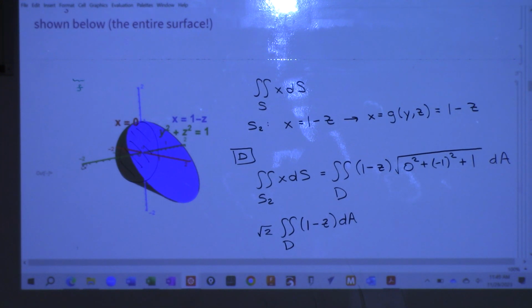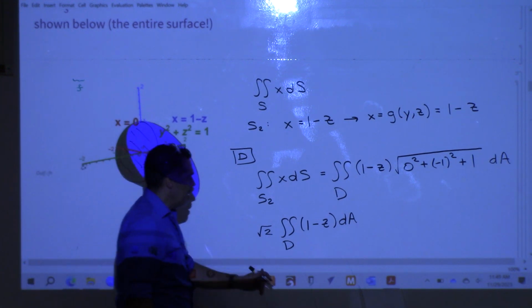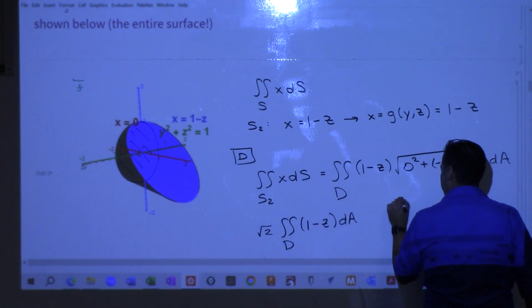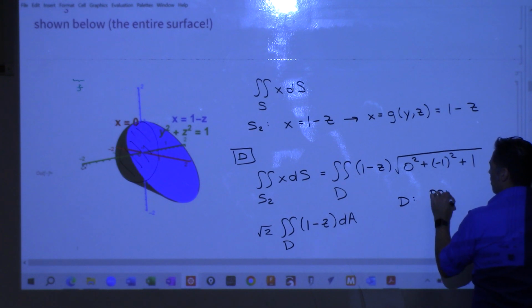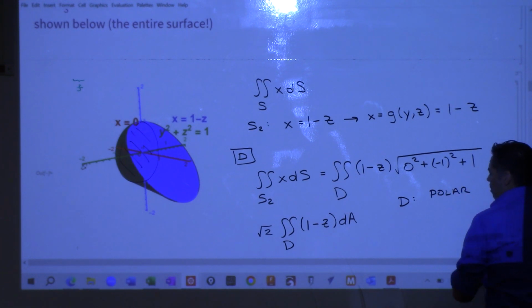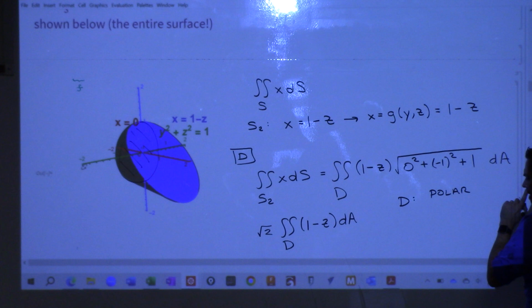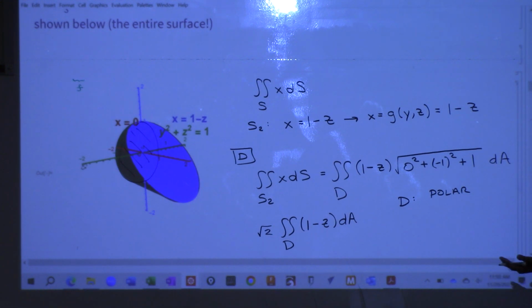Polar. You need to convert this to a polar integral because your projection of that domain onto the YZ plane is a circle or disk shape, right? To do this double integral, I'm going to have to look at D and use polar coordinates. For polar, I have a conversion. Normally it's x is r cosine theta, y is r sine theta.